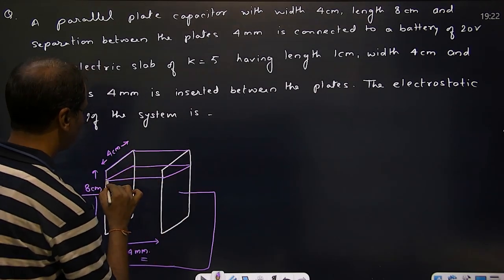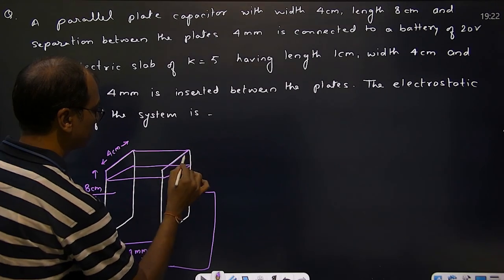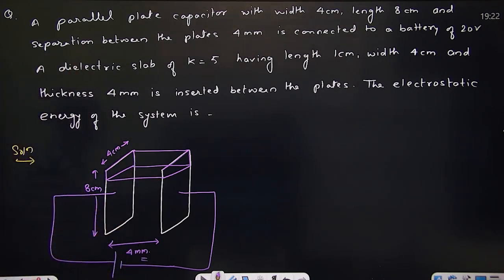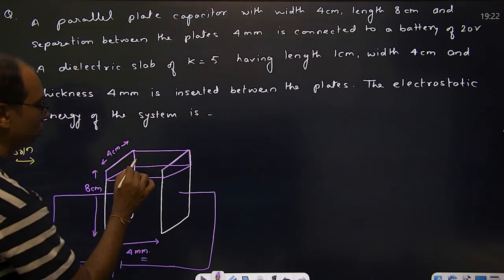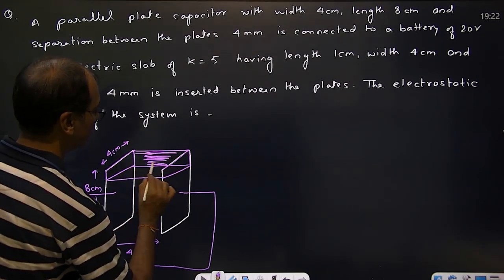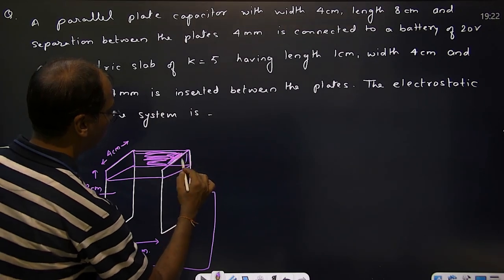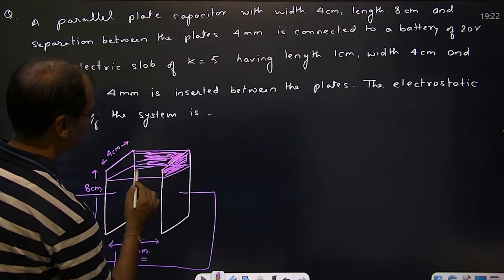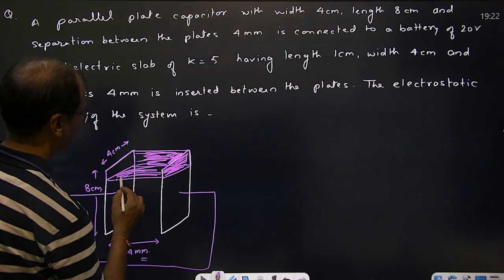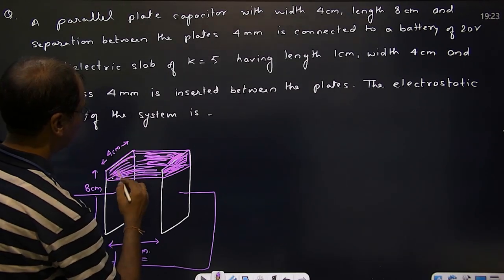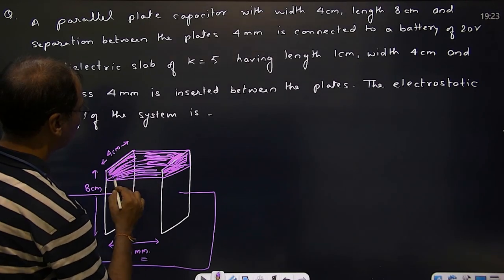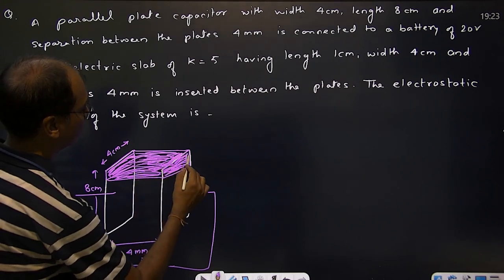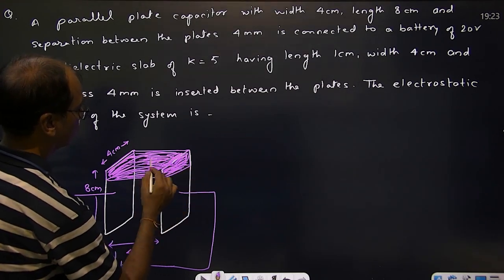Here is your dielectric. I can fill it also so that it's visible to you clearly. This is your dielectric. Only this much area, remaining all is vacuum only.